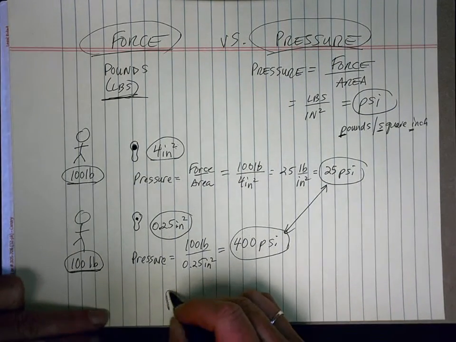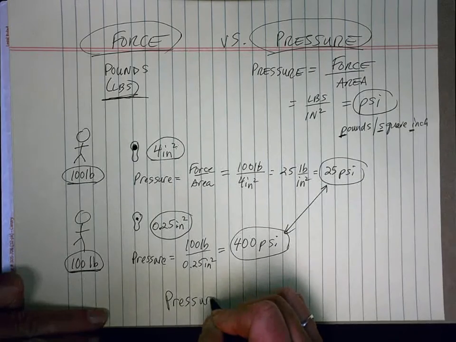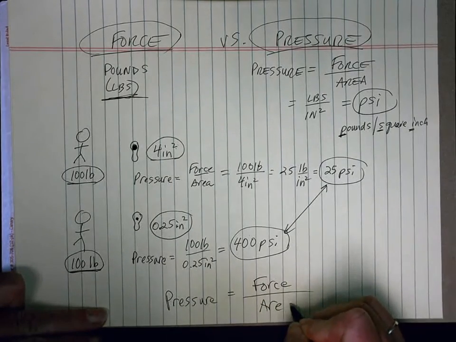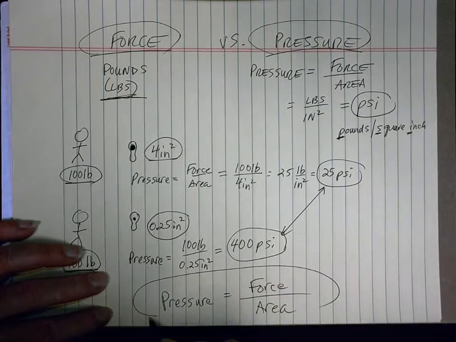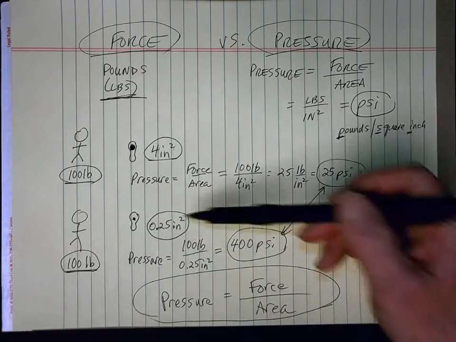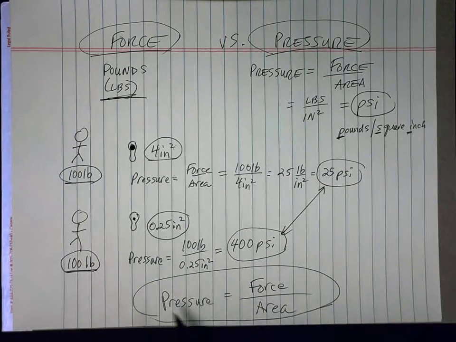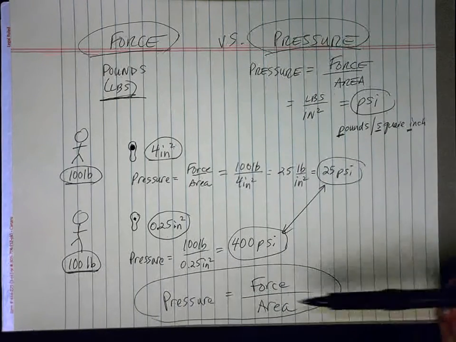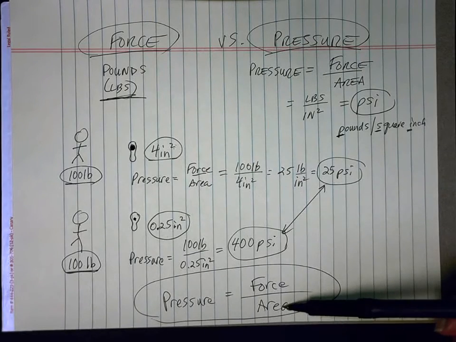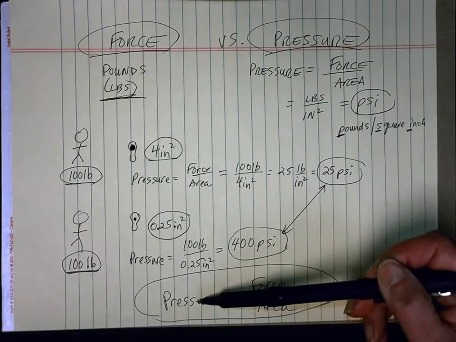And also be sure you understand the actual mathematical equation. And this does go back to math. Math is just a way of representing the relationships in the real world. And what we just showed here is if you keep the force the same and decrease the area over which it's applied, the pressure is increased.